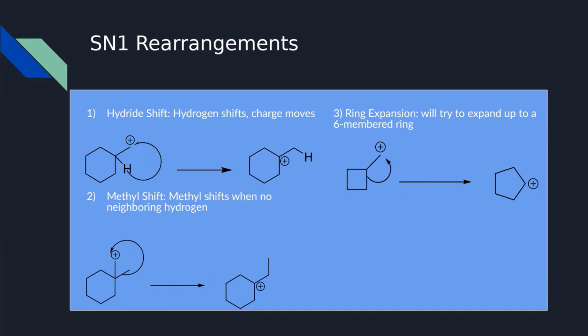The first one being that we can have a hydride shift reaction. This is the most common one that you're going to see. You're going to see a hydrogen move over such that we can have our positive charge in a better position. It has to be adjacent to our positive charge, but once it moves, say like in this picture, we're going from a primary location to a tertiary, right?